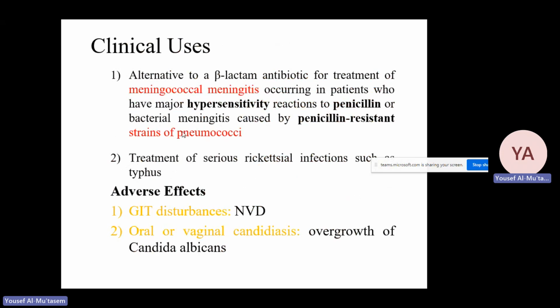We could use it as an alternative for penicillins and cephalosporins in the management of meningococcal meningitis and other cases of penicillin resistant strains of pneumococci, in the case of hypersensitivity to the penicillin, but it's not available, and also serious rickettsial infection. So so far we have the tetracyclines and the chloramphenicol, if it is available, for the management of rickettsia.